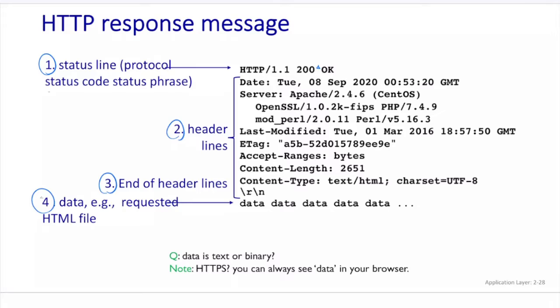After the server receives the request message, the server will respond with a message with the status line. The status line also is a single line, okay? And at the end of this line, there should still be \r and \n, which stands for an enter.